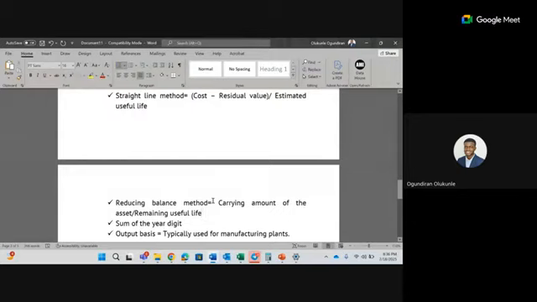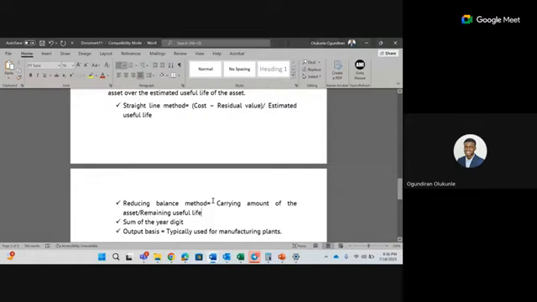So if an asset is supposed to be used for 10 years, for instance, for the first year the remaining useful life is 10. For the second year the remaining useful life is 9. For the third year the remaining useful life is what? 8 years. Yes, so that's reducing balance.